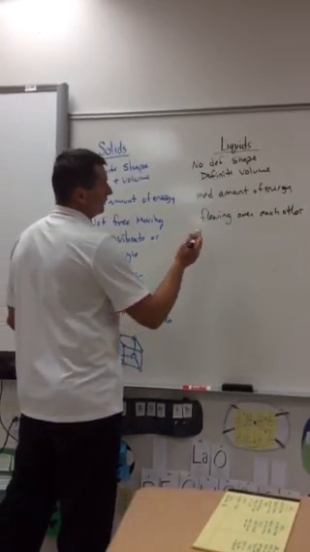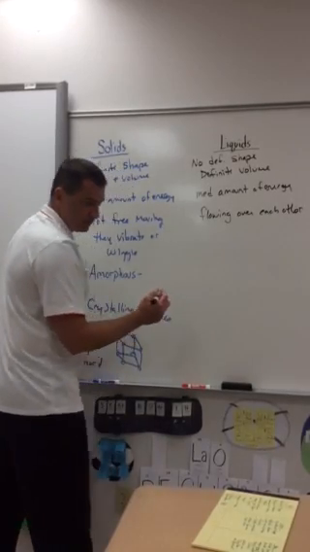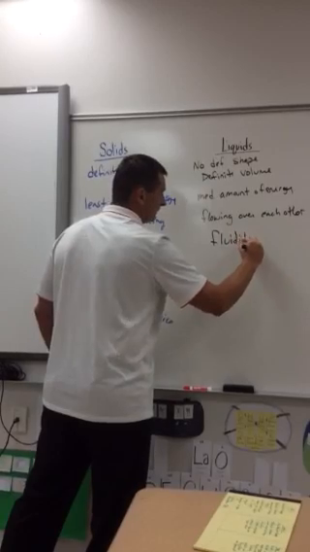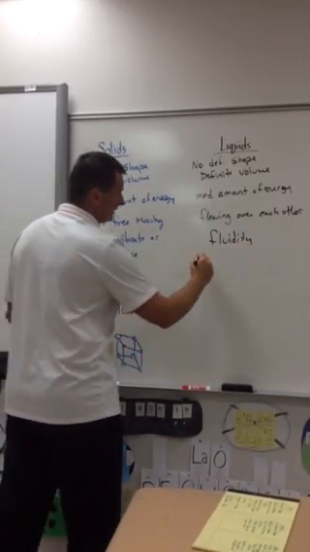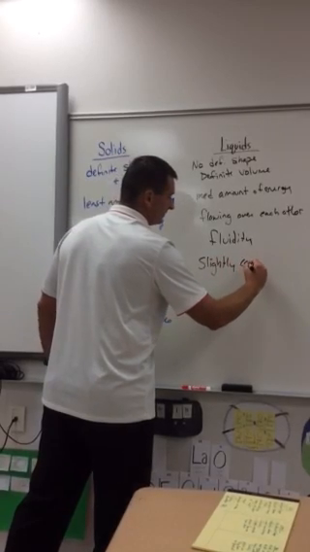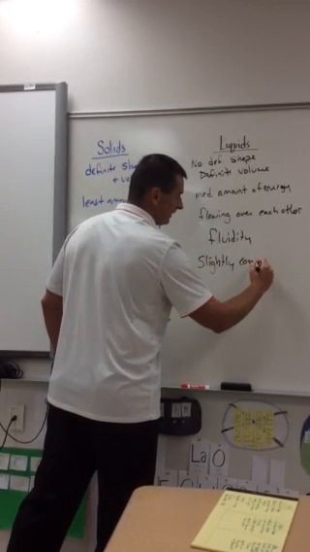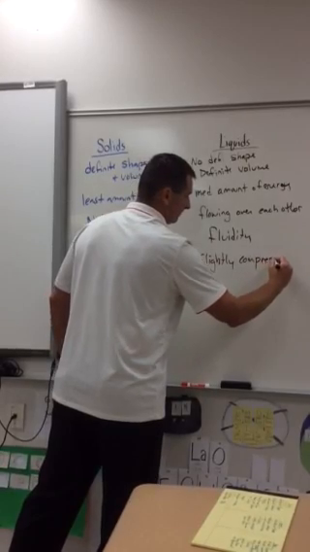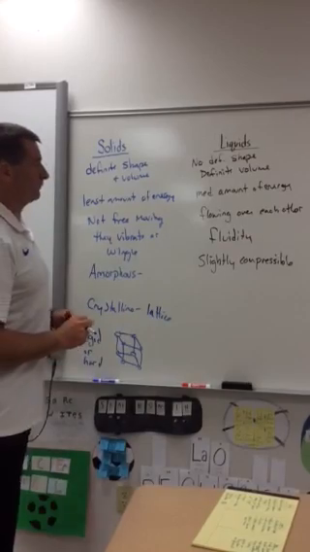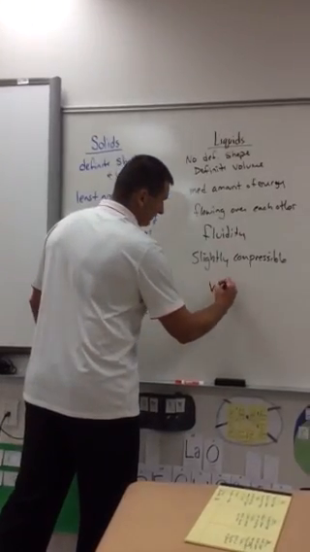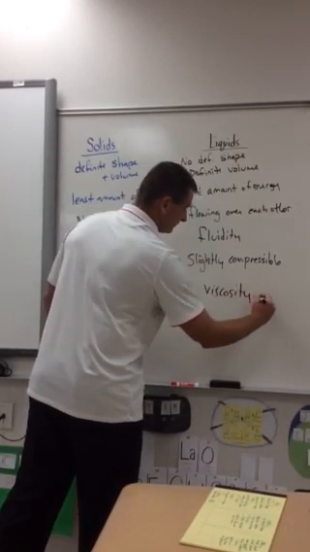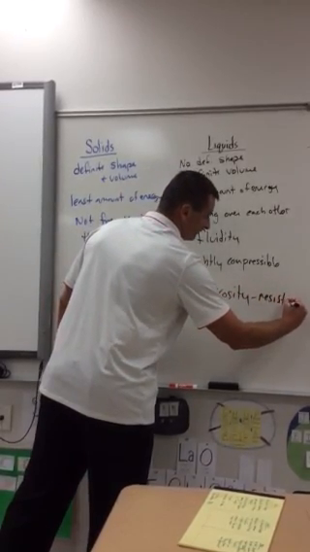The words that describe a liquid are fluidity, because they are fluids, and slightly compressible, which means you can compact them into a smaller spot. They also show the property of viscosity. Viscosity is the resistance to flow.